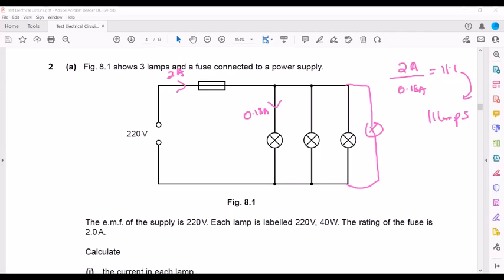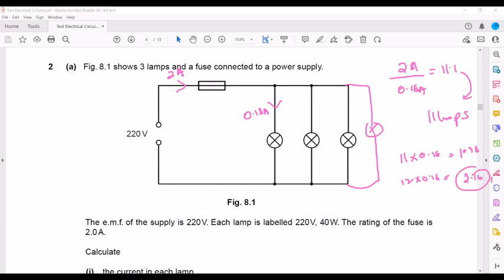So when we connect 11 lamps, as you can see, 11 multiplied by 0.18, the current will be less than 2, which is 1.98. But if I connect the 12th lamp, for example 12 into 0.18, the current will be 2.16.